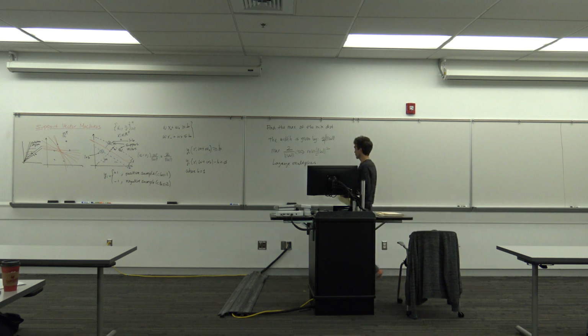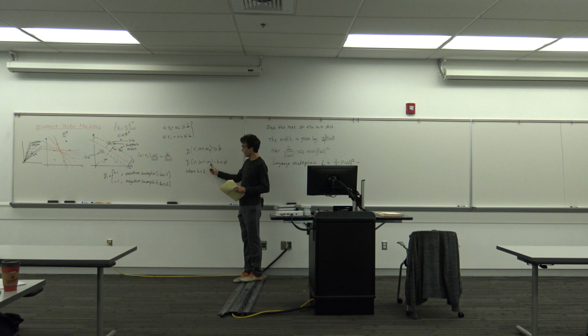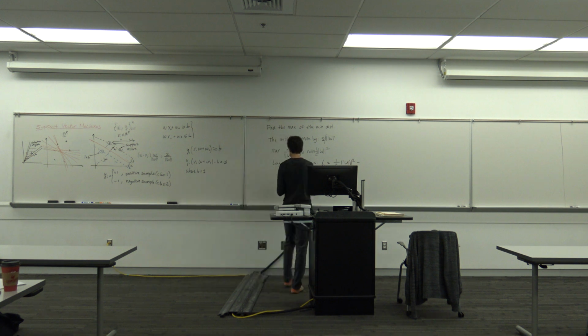So what we're going to do is define our criterion here, which is 1/2 of the norm of W squared, minus, now we have this function here that needs to be minimized as well.